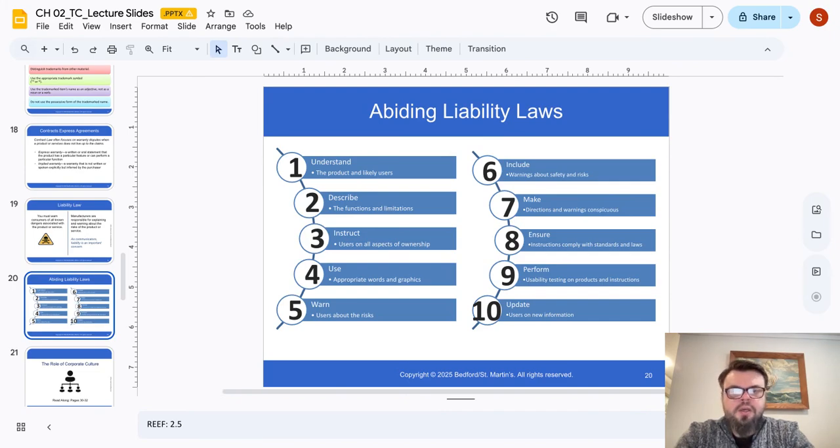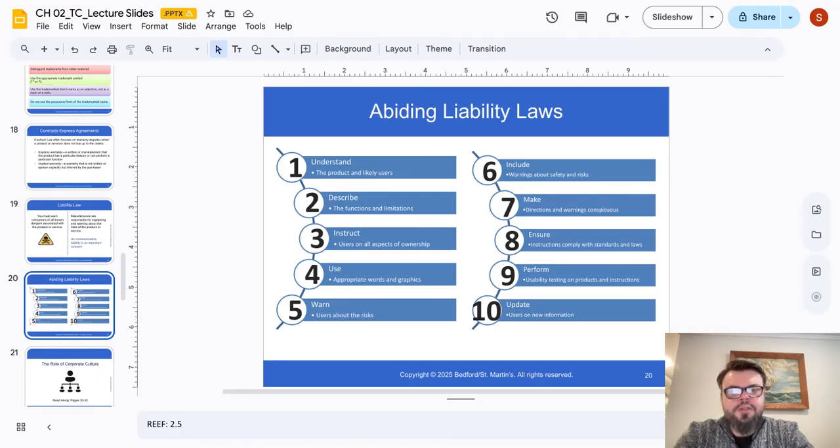Fifth and sixth, you must warn users about risks and include warnings alongside claims of safety. When writers emphasize safety without balancing it with warnings, courts tend to see that as misleading. Seventh, directions and warnings must be conspicuous, not hidden in fine print or footnotes.